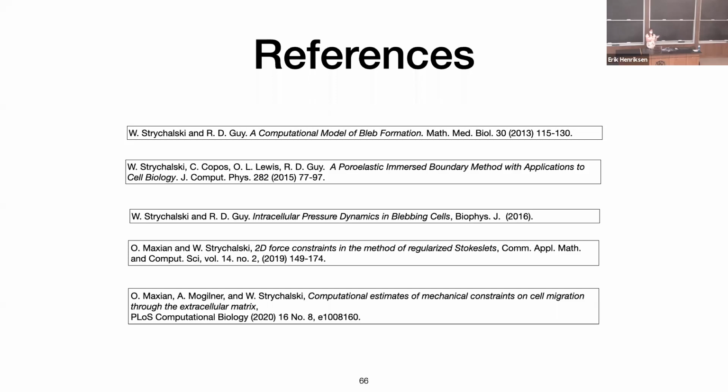The cortex has to forget its reference configuration and be free to flow a little bit, which makes it numerically really challenging if you're trying to do a Lagrangian simulation. But I think we know how to do it, at least in a hand-wavy way.